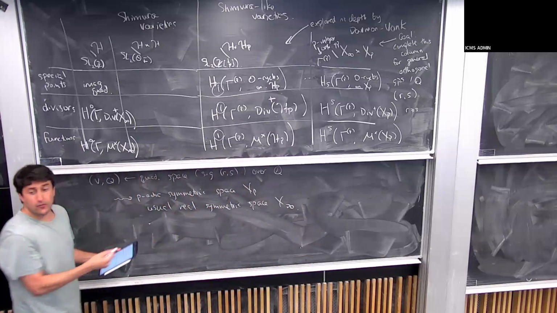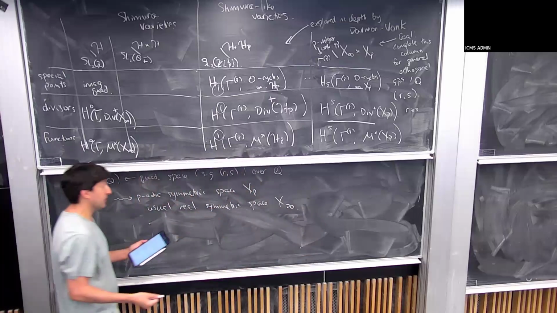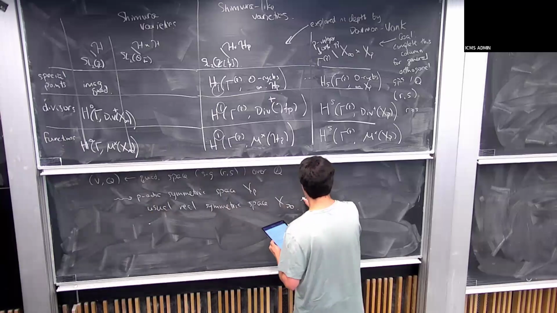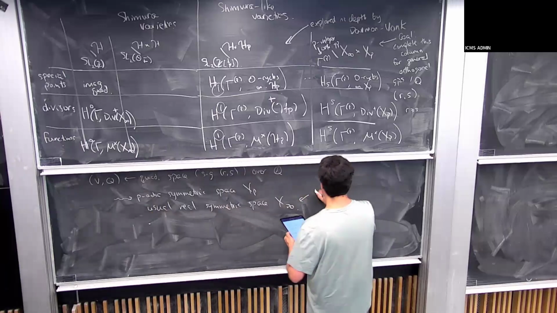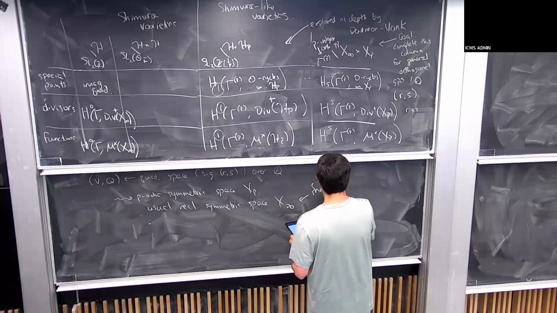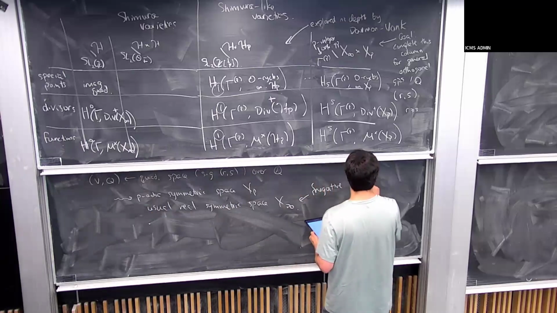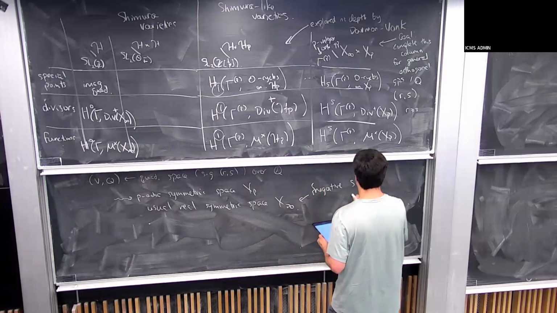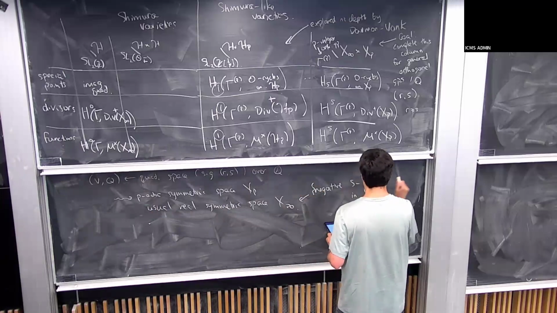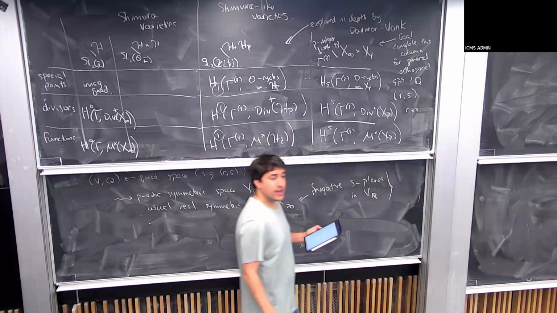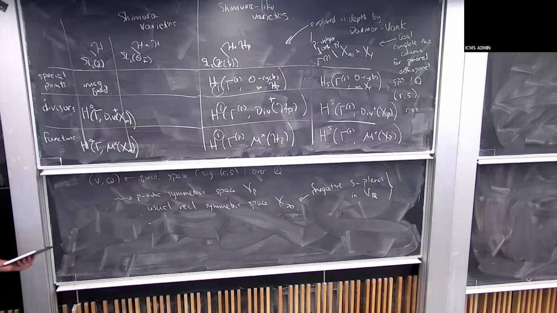The second thing is old news. That's well known. It's well understood what this X_infinity is. I can say right away, you can think of this as the set of negative S-dimensional planes in V_R.